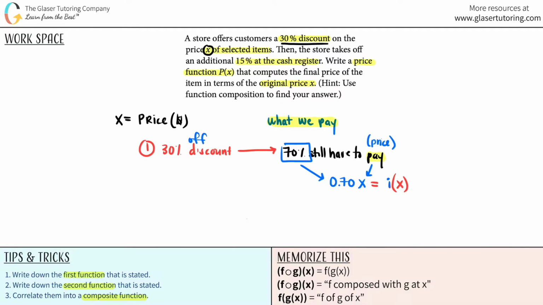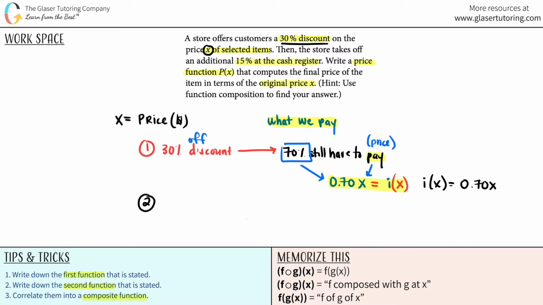You could have put anything: F, G, A, B, whatever. It doesn't matter. So this is our first function. And I'll just rewrite it so that it looks pretty. So the first function is I of X equals 0.70X. Check. Now we move on to the second part.